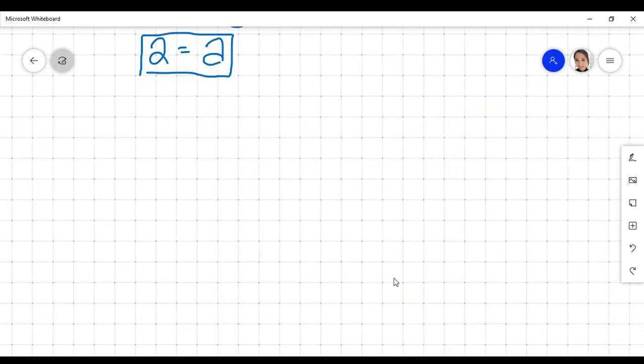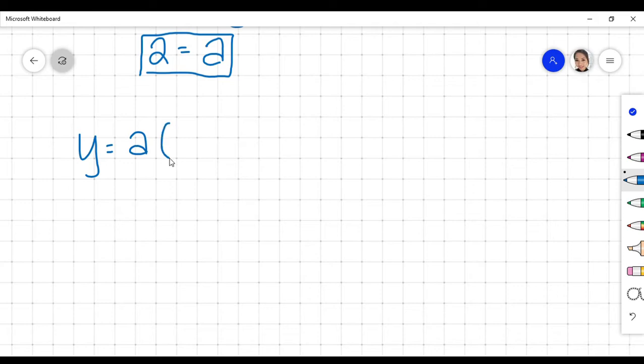So, anong susunod natin gagawin? So, since we got our A which is equivalent to 2, gagamitin natin ulit yung Y is equal to A times X minus H, that's raised to a power of 2 plus K. So, gagamitin natin ulit ito.